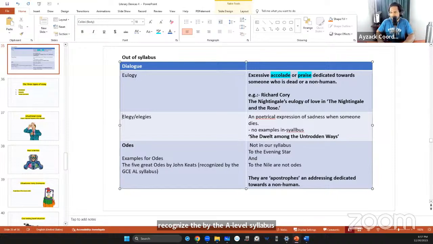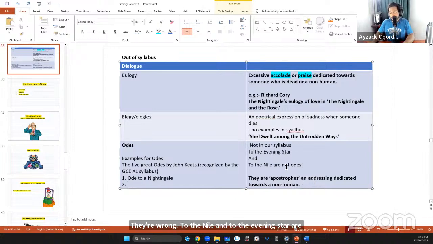They are odes. Number 1, we have Ode to a Nightingale. If someone tells you that To the Nile and To the Evening Star are odes, slap them. They're wrong. To the Nile and To the Evening Star are not odes. They are apostrophes.